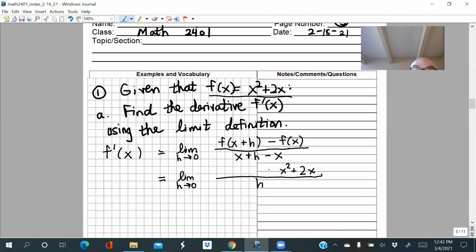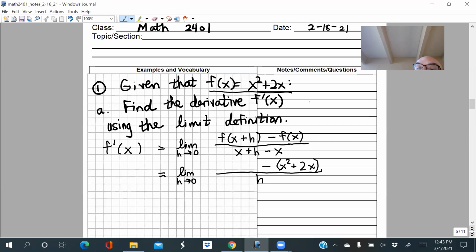So you have to be a little bit careful about the signs here. So put the minus sign there, but then put the x squared plus 2x in parentheses. If you do not do that, you're going to make a sign mistake, okay? And everything will fall apart and you'll end up with a big mess, all right? So put the f of x in parentheses. Minus f of x is minus (x squared plus 2x). So that's also not so hard, right? The hard part is the f of x plus h, okay?